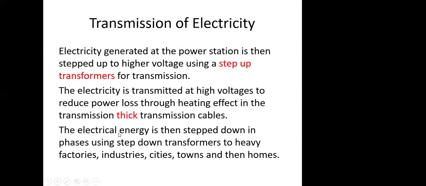So we have something here. We are talking about transmission of electricity, and they have told us that first of all, the electricity is generated at the power station, and it is stepped up. Why step up? It means that as we are generating it, the voltage is not enough for us to transmit.